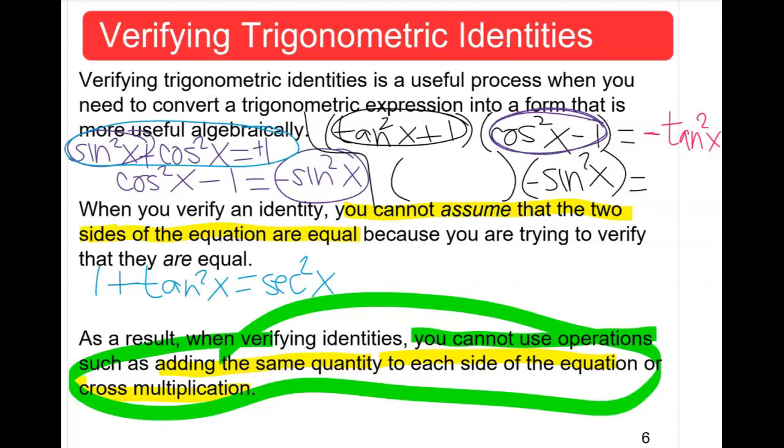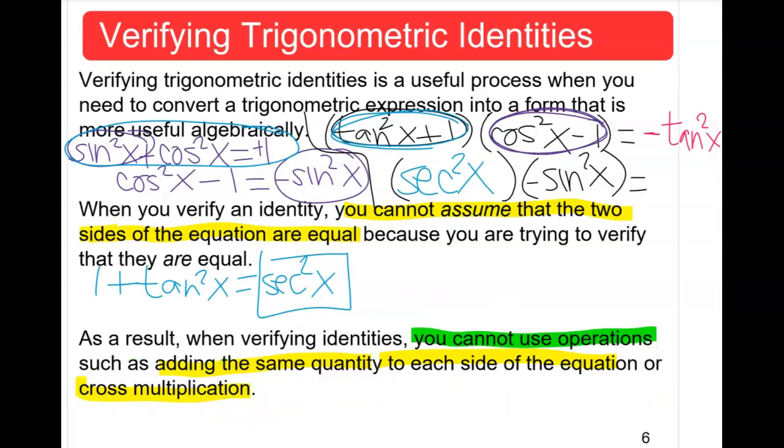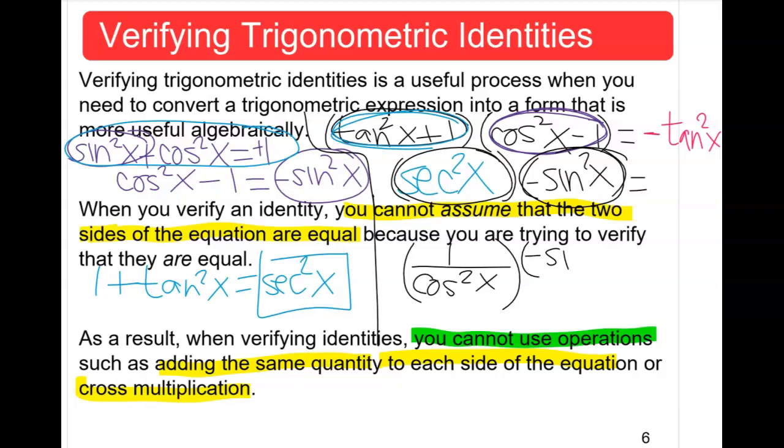And so what I'm going to do is replace the binomial here with the monomial secant square of x. Now I'm going to rewrite secant square of x with the reciprocal identity 1 over cosine square x. And then my second monomial or trigonometric expression is just going to stay like that.